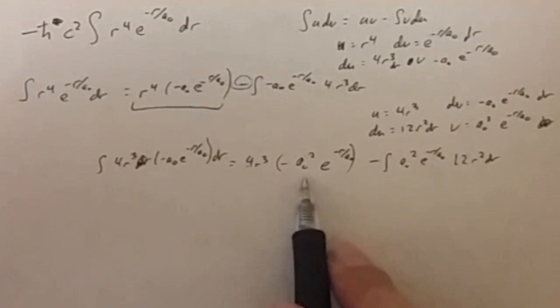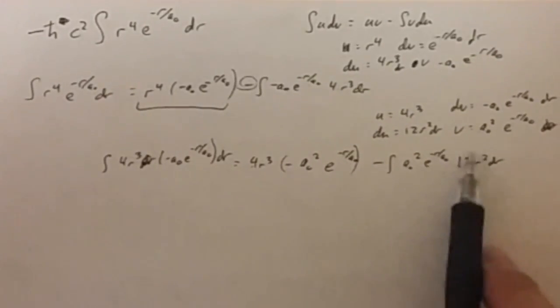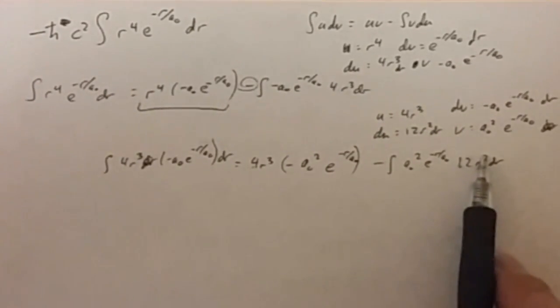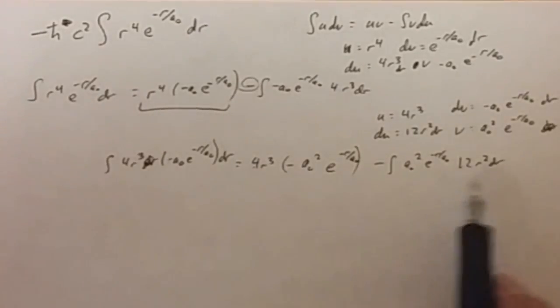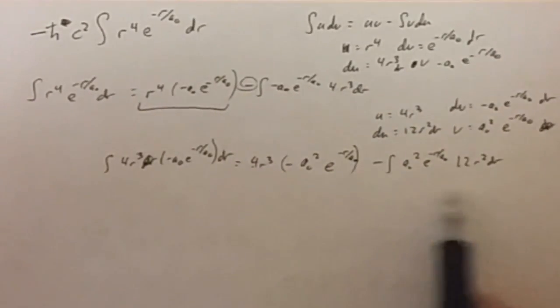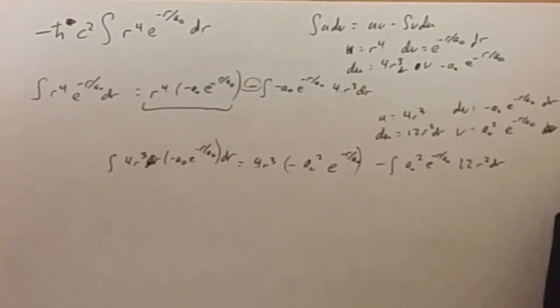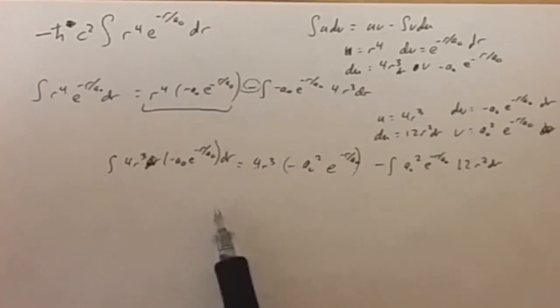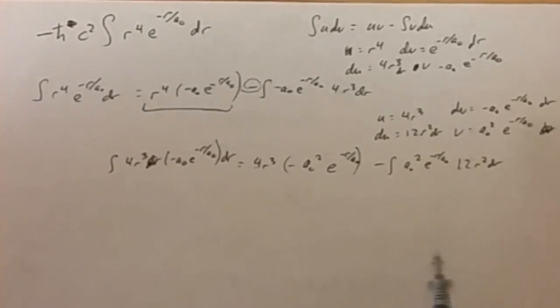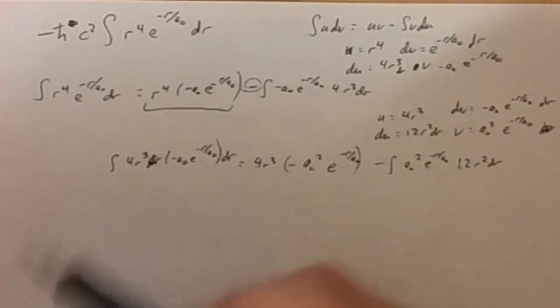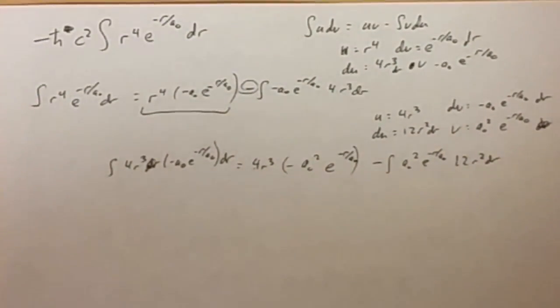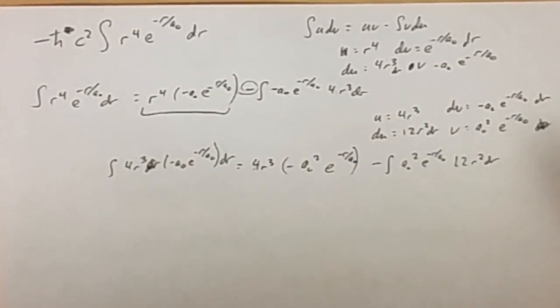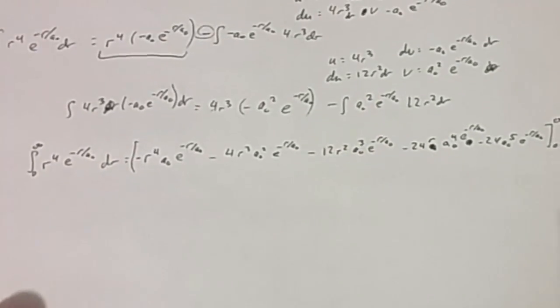And then you notice basically that the r value is decreasing. Each time we do it, the r decreases, and when we get to 0, we won't get another integral, and we can actually solve it. So rather than make you guys watch all of this, I calculated this out on the side, and I'm just going to tell you the answer. Okay, so here's the answer to the problem.